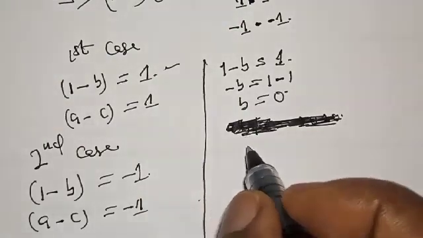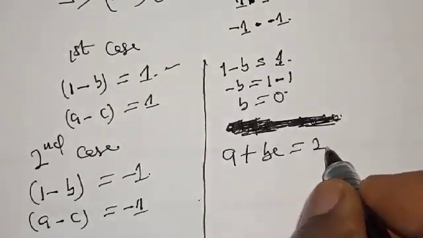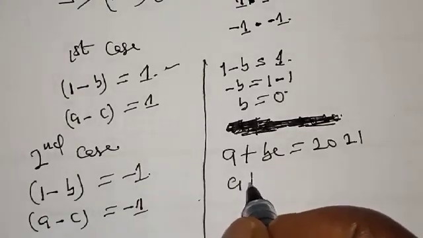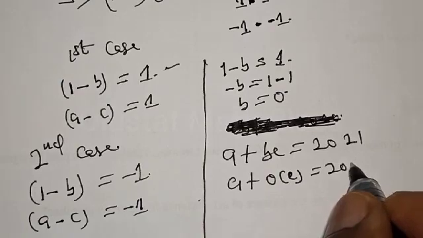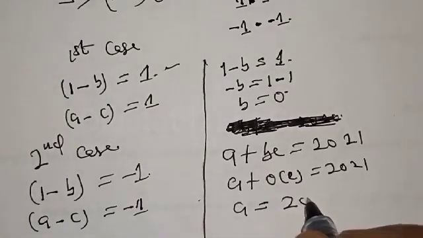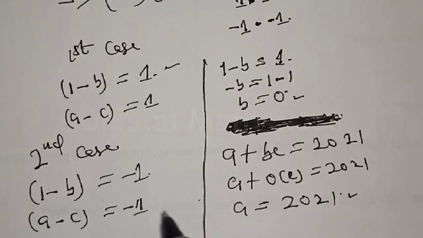So equation 2 is A plus BC equal to 2021. Then we have A plus 0 into C equal to 2021. Then A will be equal to 2021. We've known the value of A and we've known the value of B, so we can also get the value of C from the first case.